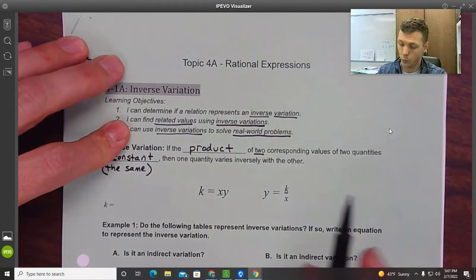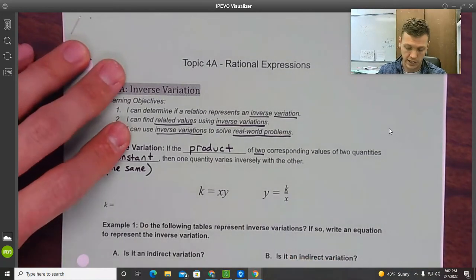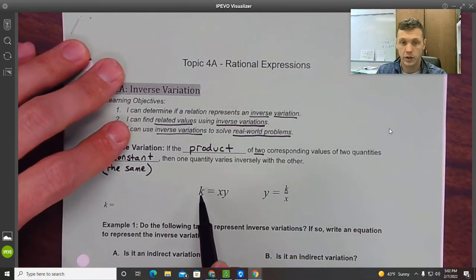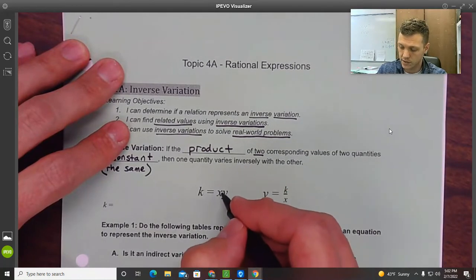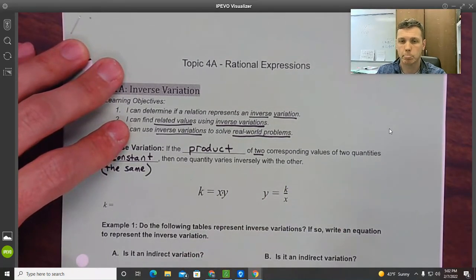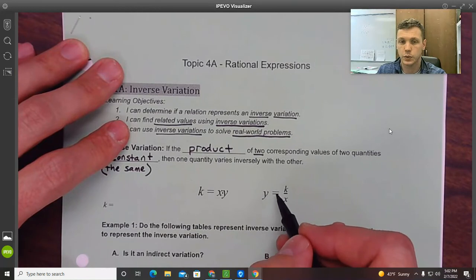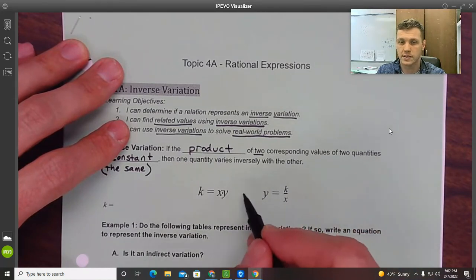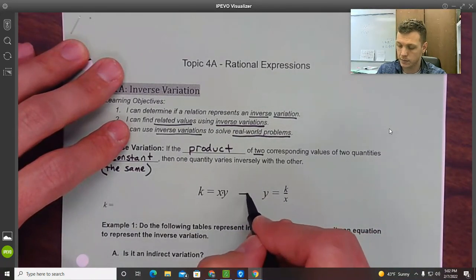When we do that, we end up with equations that look like this, where k equals x times y, or y equals k divided by x. These two are the same.